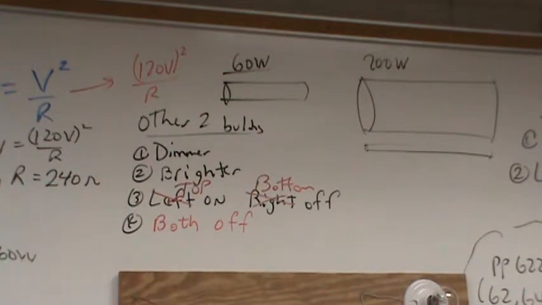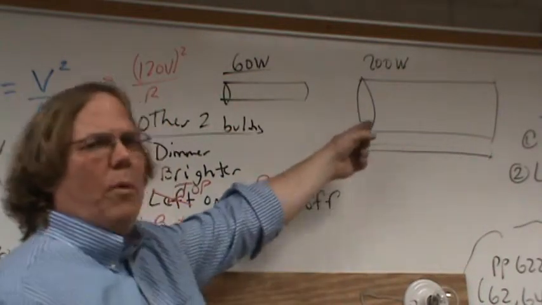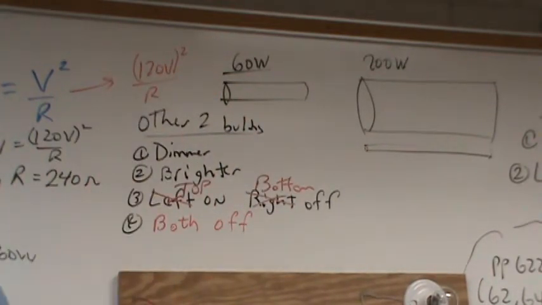You should know the formula. Okay, you guys ready to vote? How many people say the 200 watt bulb filament must be fatter? Okay, how many people say thinner? Alrighty, well, I'll tell you what, the answer is fatter.